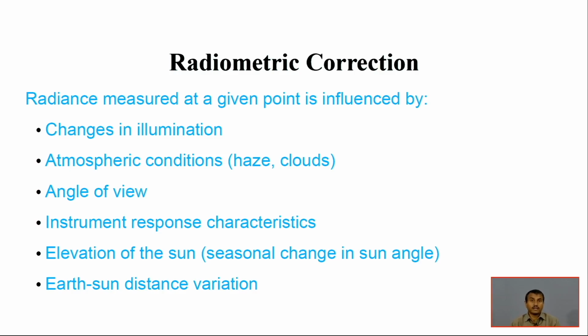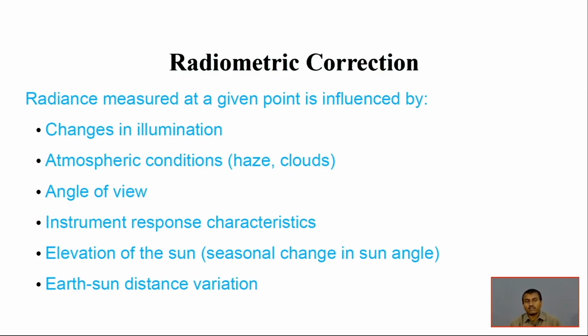The second source of error that may come is the atmospheric condition: haze, cloud. The optical range of the image is heavily affected by haze and cloud. But if we talk about the gamma range spectrum, it is transparent to cloud, haze, everything, so we are not talking about that today.